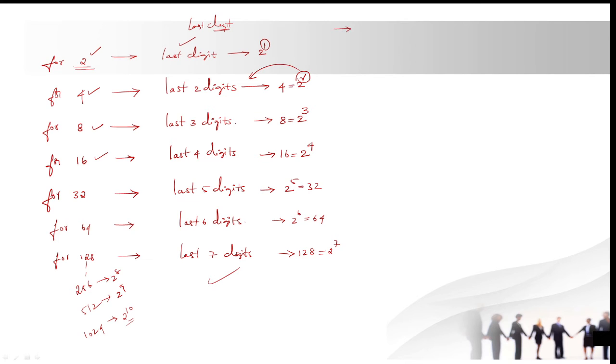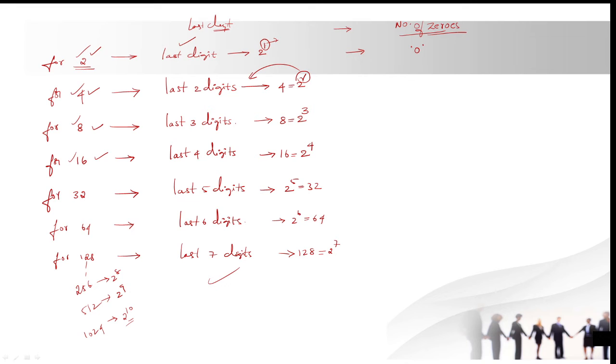Similarly, we can also have another rule for checking divisibility by 2, 4, 8, 16. That is the case of the number of zeros. What is the power here for 2? 1 is the power, which means the number should have only one zero.